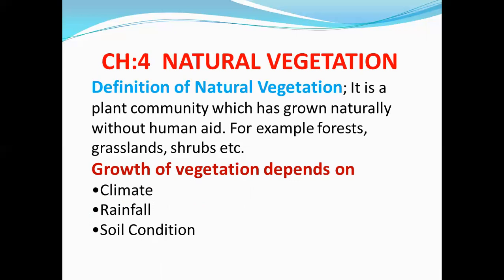All vegetations cannot grow in the same climate, same amount of rainfall, same type of the soil. It means different vegetation needs different climate, different rainfall, and soil condition.